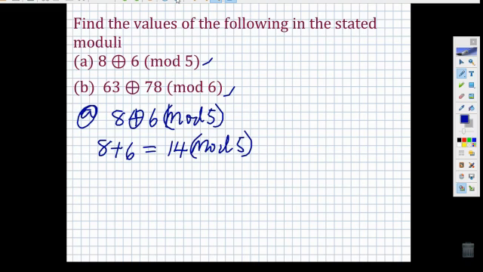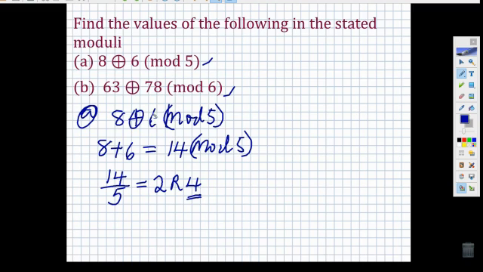What will be 14 in modulo 5? That's what the question is asking. To solve this, we simply divide 14 by 5. 14 divided by 5 gives us 2, remainder 4. The remainder in this situation is the answer we are looking for.